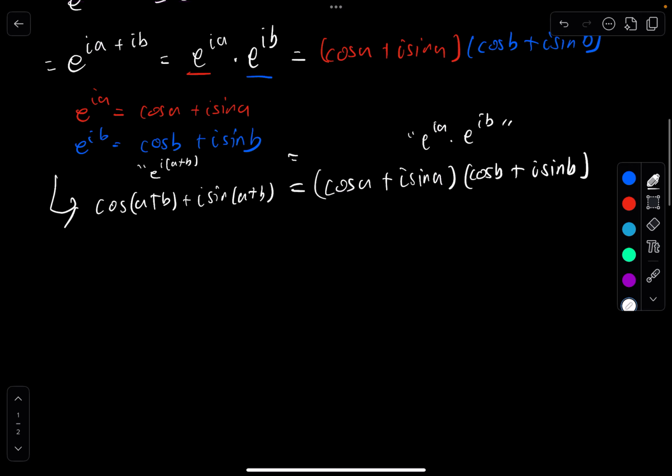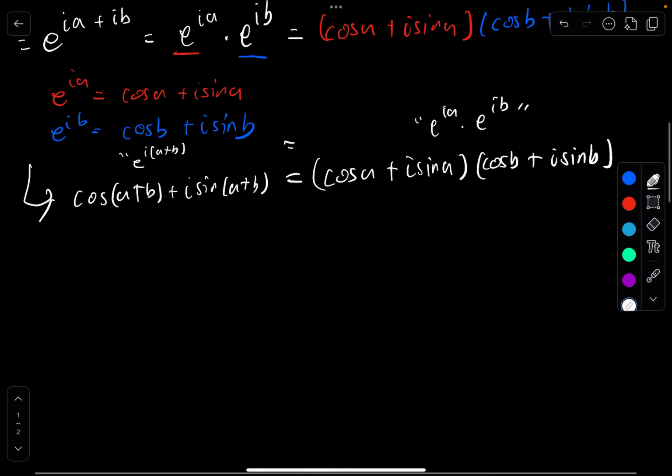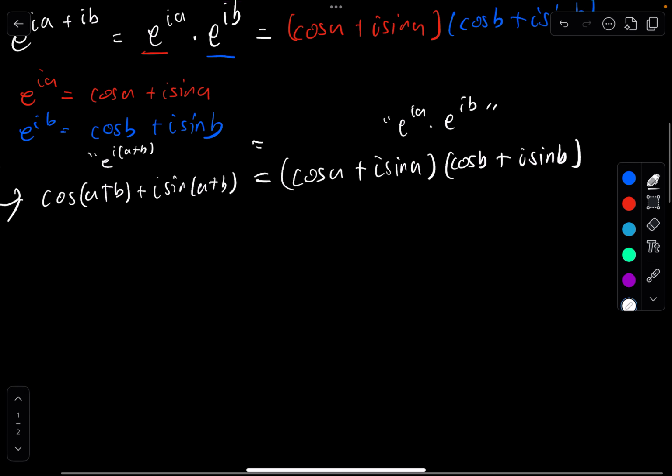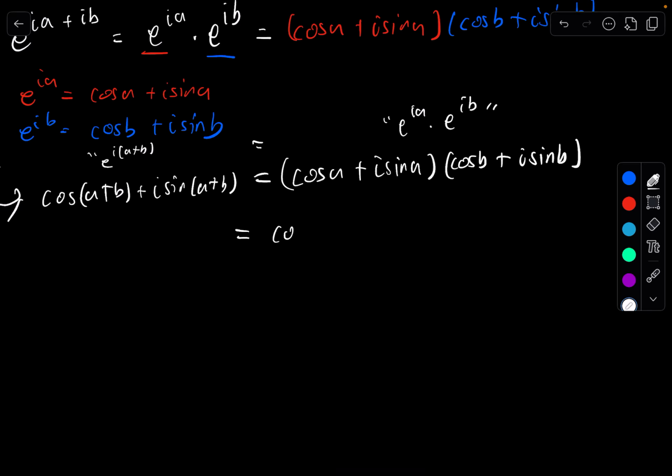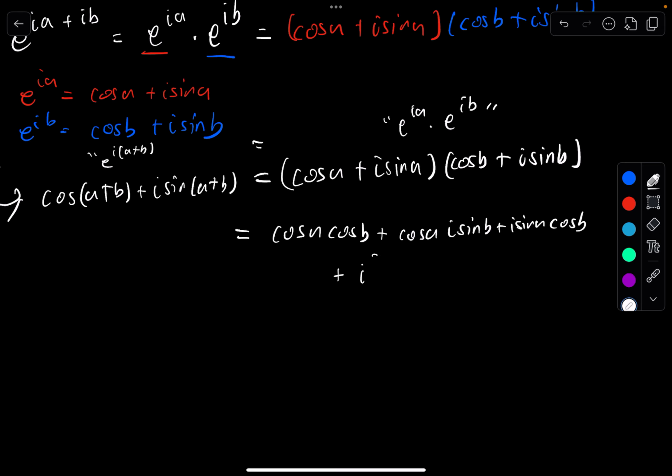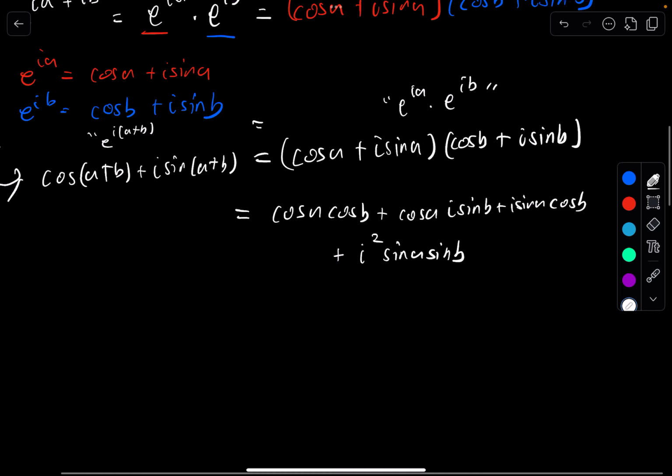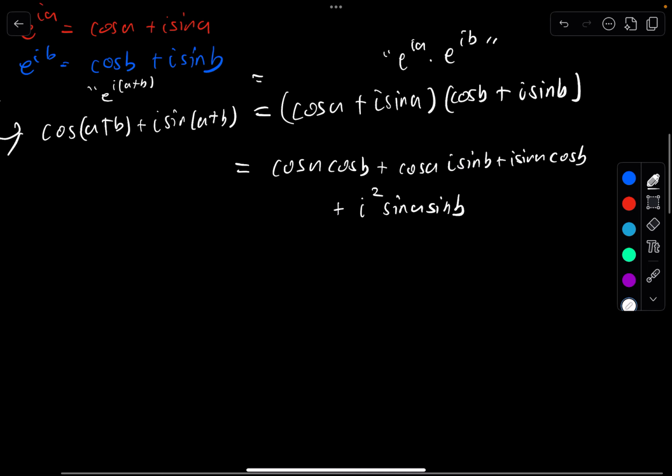Okay, that's what we're really showing here. And all we have to do now is simplify the right side. So if we FOIL it out: cosine A cosine B, plus cosine A i sine B, plus i sine A cosine B, plus i squared sine A sine B. So this is the result of the right-hand side.